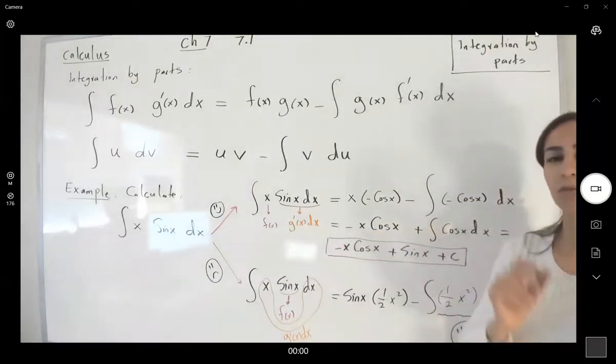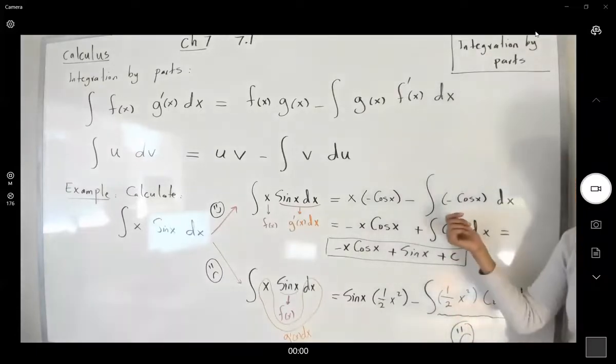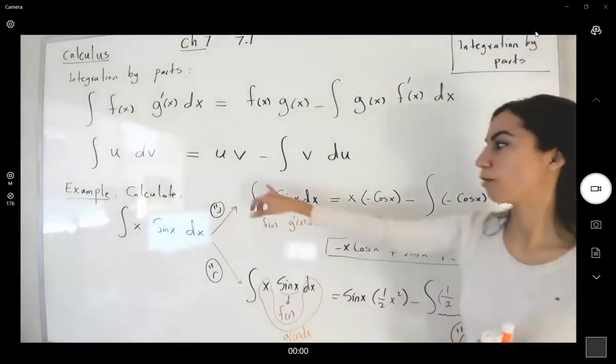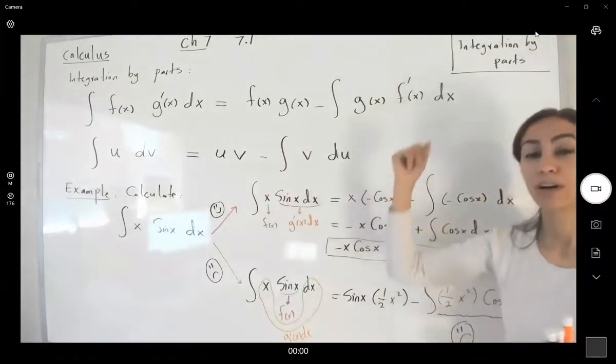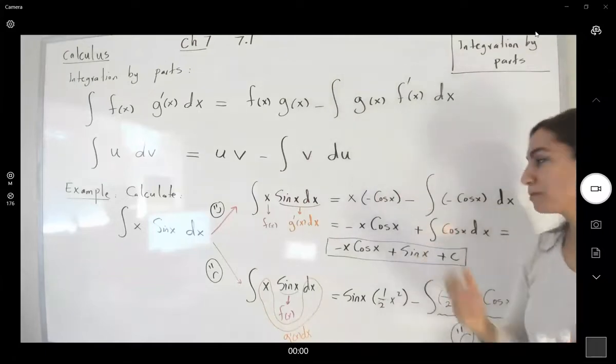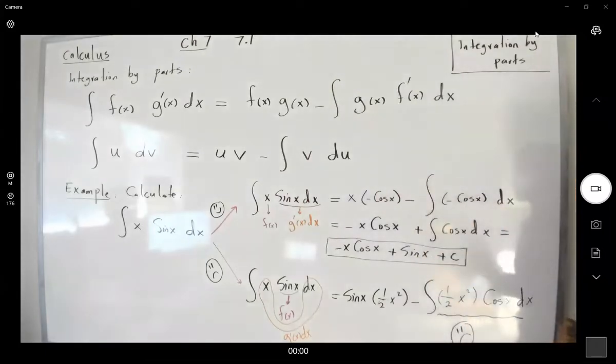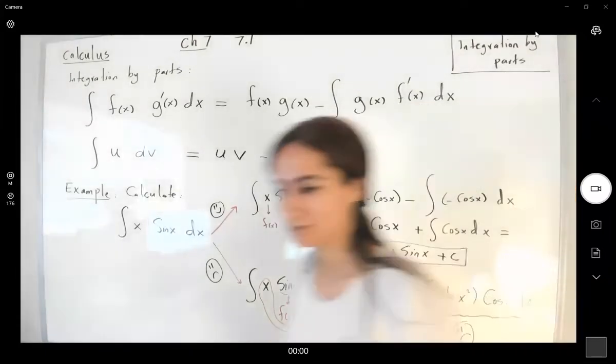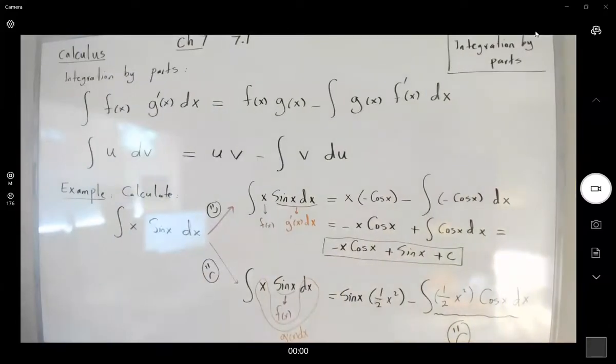Why? Because we try to reduce the exponent from 1 to 0, from 2 to 1, and so on. Okay, give us more examples.